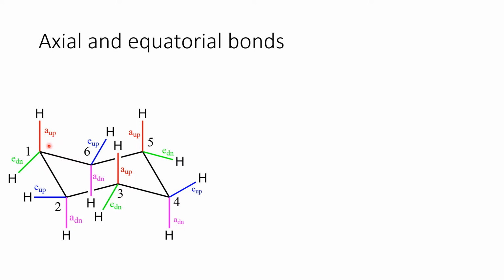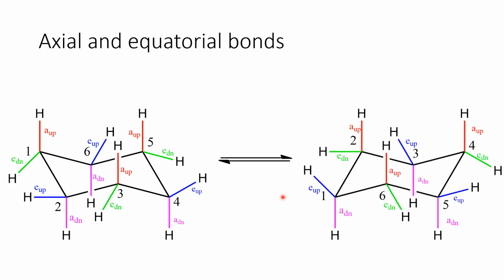In the same way, 1, 3, 5 has equatorial down, the alternate one. One should be up and one should be down. Likewise, the second carbon also, one should be up and one should be down. So every alternate carbon has one up and one down. Likewise, all the hydrogens will be in a staggered conformation and they will not eclipse each other. So when we flip it, again, see this one.